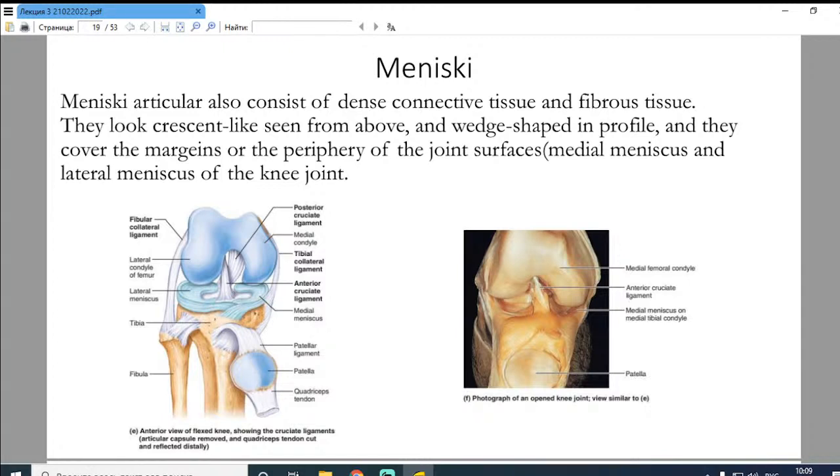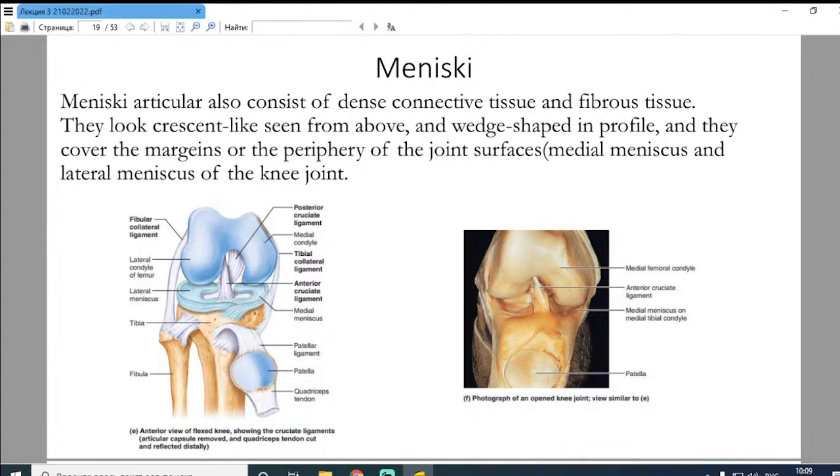They look crescent-like, seen from above, and wedge-shaped in profile. And they cover the margins or the periphery of the joint surface, medial meniscus and lateral meniscus, of the knee joint.